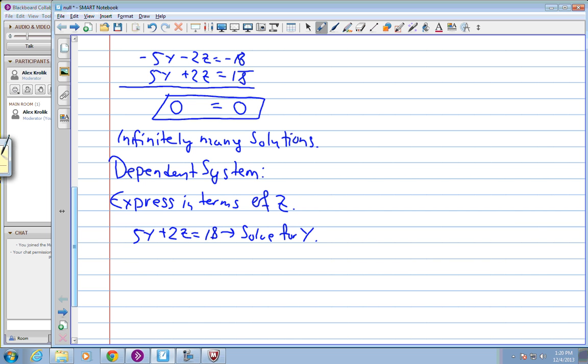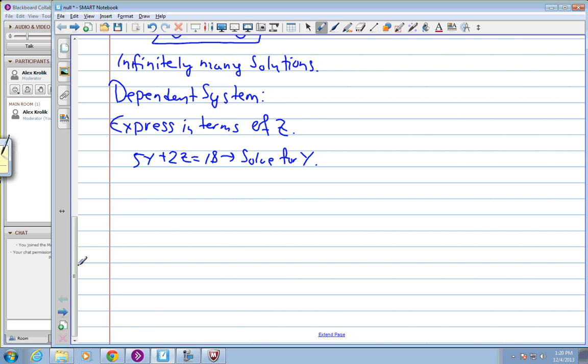for y in this case, right? See what happens. How would you solve for y here? Right, subtract 2z, so it's 5y equals negative 2z plus 18.